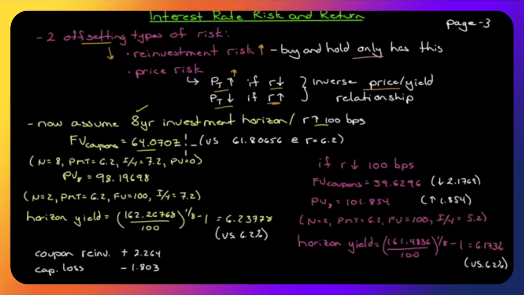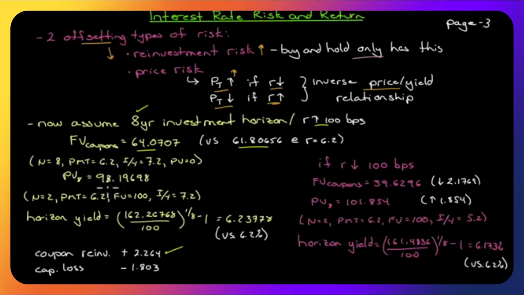Future value of coupons is 64.0707. Had interest rates not changed, future value of coupons would have been 61.80656. So down here, we see that the increase in interest rates provided coupon reinvestment income of 2.264 per 100 of par greater than we would have had.